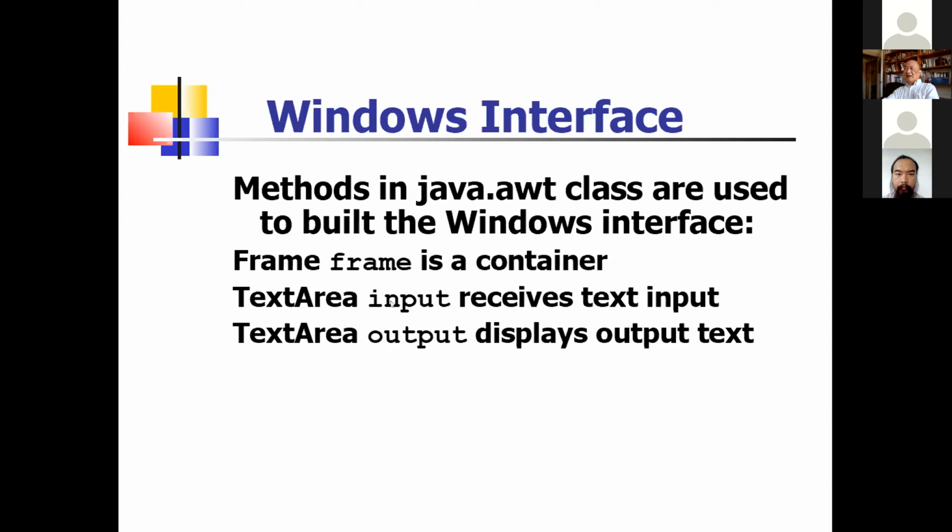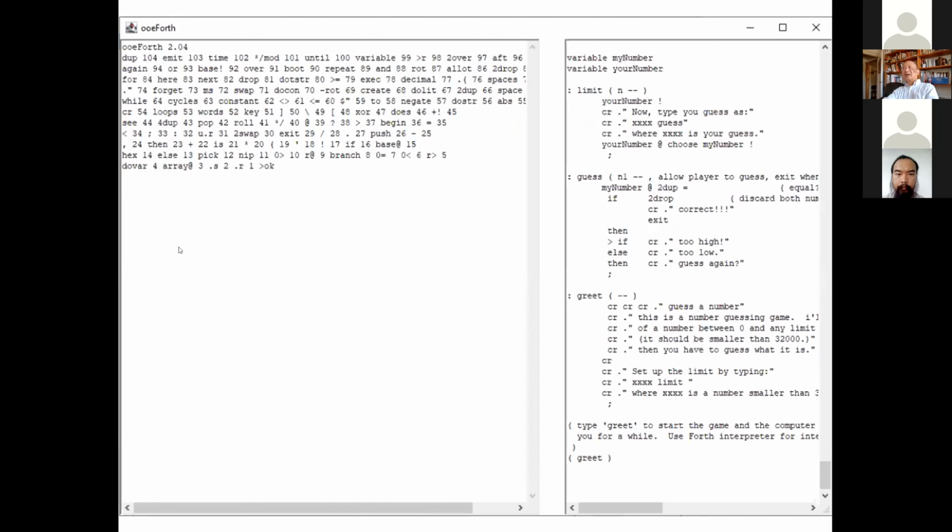You put anything into the input text area and hit return, and all the characters in the text area are sent to the Forth interpreter. And anything generated by the Forth interpreter would be added to the output array, which gets displayed. So this is a very simple window interface, but that's enough to run the OOeForth. So I'm very happy with that.